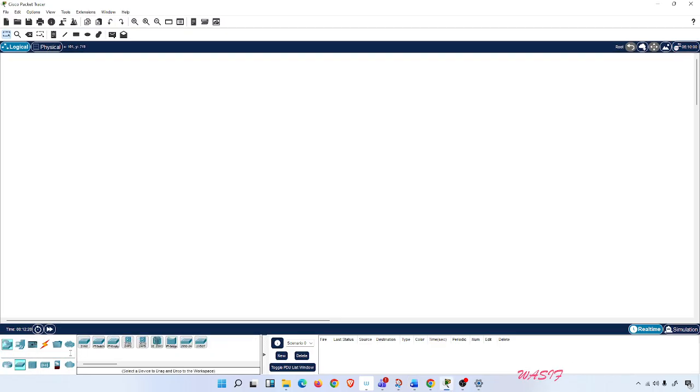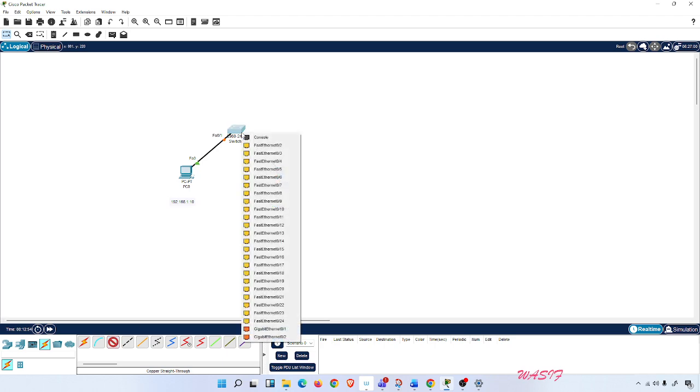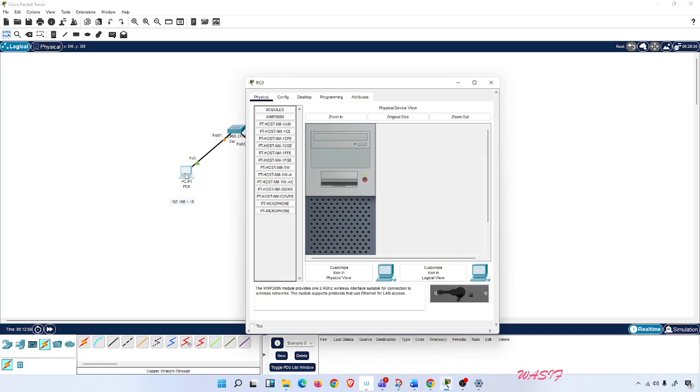Now, I just wanted to show you something. Let's say, for example, if I take a switch here and I connect two computers, I always prefer to put the IP address, labeling those things like this way. Let's connect this one and configure the IP address here.